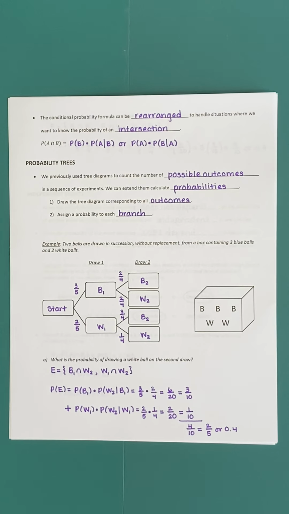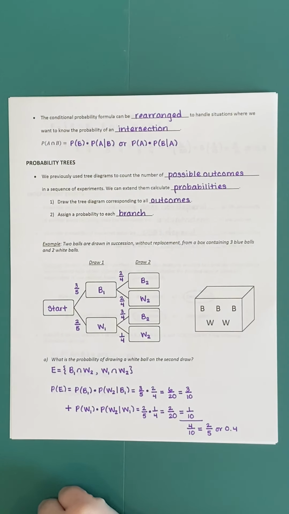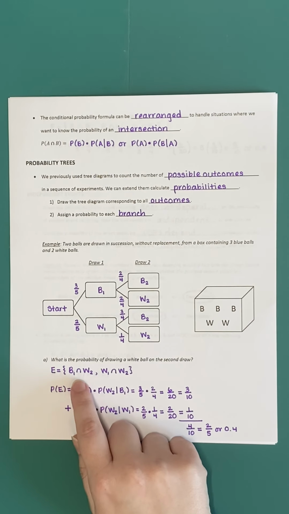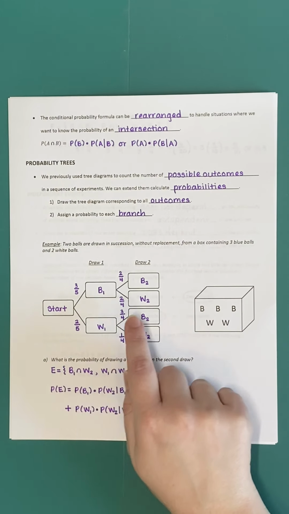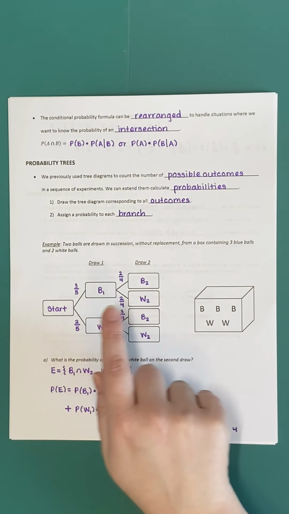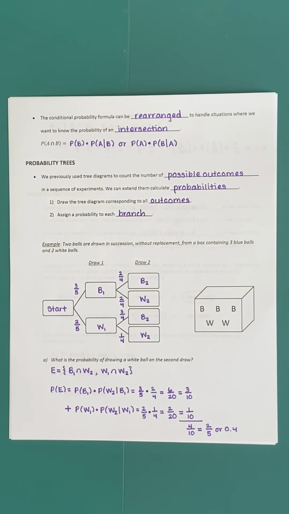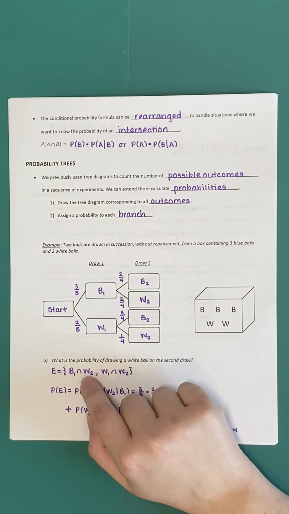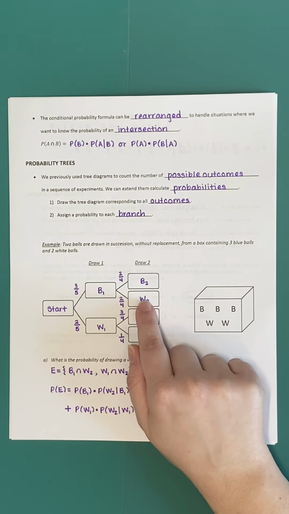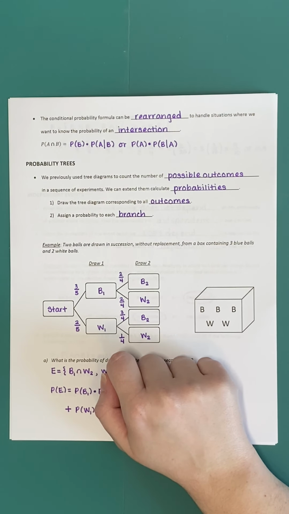But how do we determine the probability of each individual path? Well, that's where this formula for the intersection is going to come into play. So the probability that we drew blue the first time and then white the second time is going to be the product of the probabilities along that path. So it's the probability that we got the first draw that we wanted, and then it's the probability that we got that second draw based on following the path that started with that first draw.